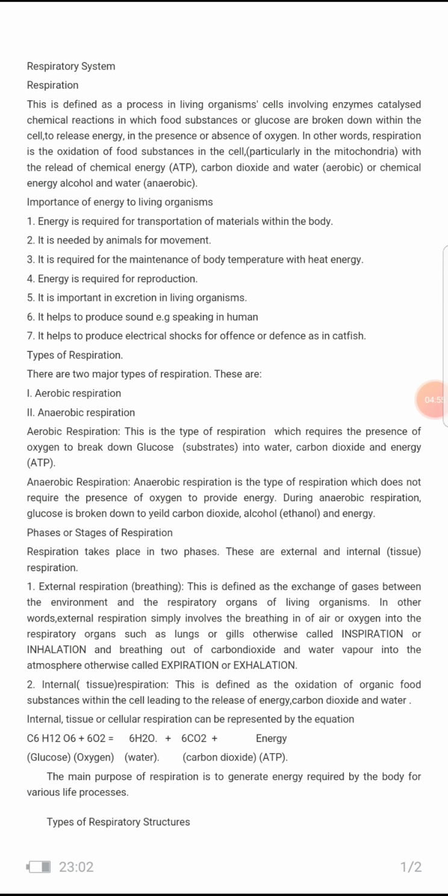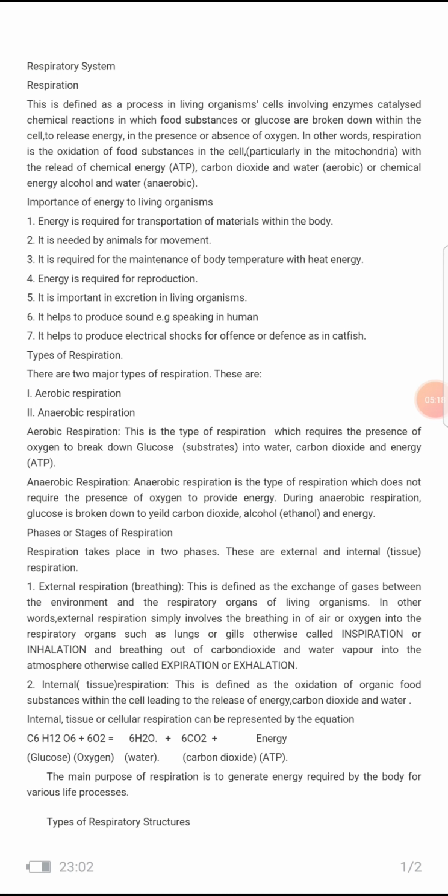2. Internal tissue respiration. This is defined as the oxidation of organic food substances within the cell, leading to the release of energy, carbon dioxide, and water. This internal respiration occurs within the cell, within the tissue.